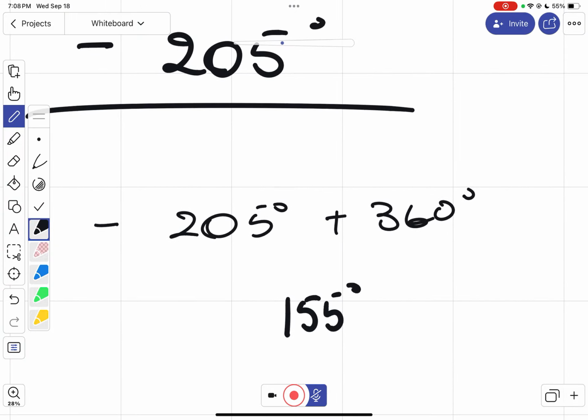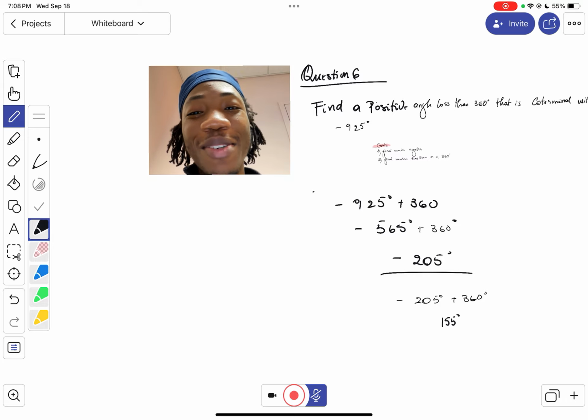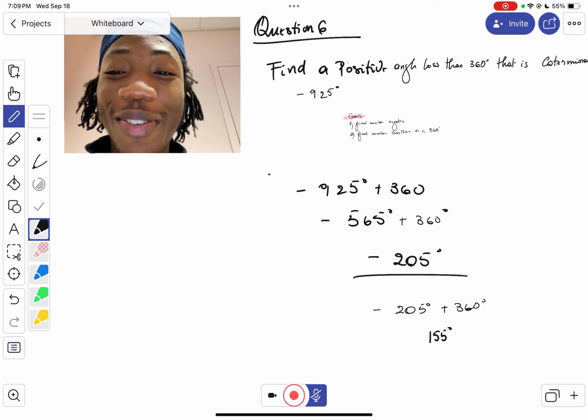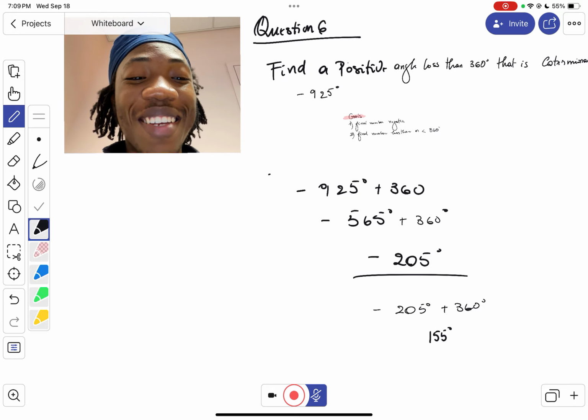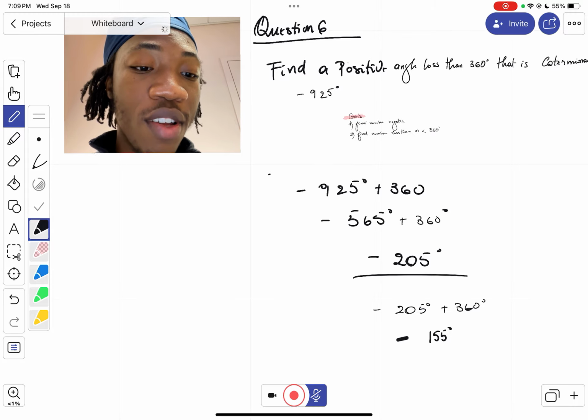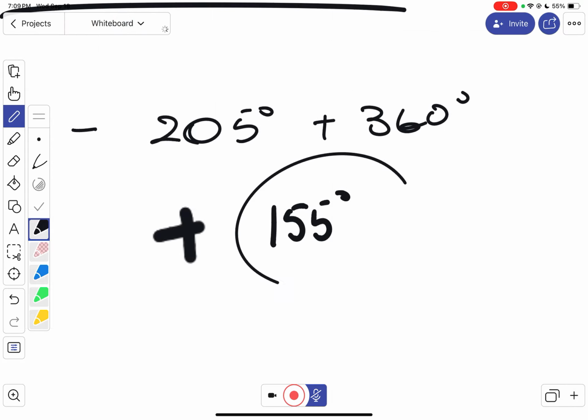When it comes to the sign, the sign of your final number will be the sign of the higher number, in this case 360, so the number is positive. We end up with positive 155 for our final answer.